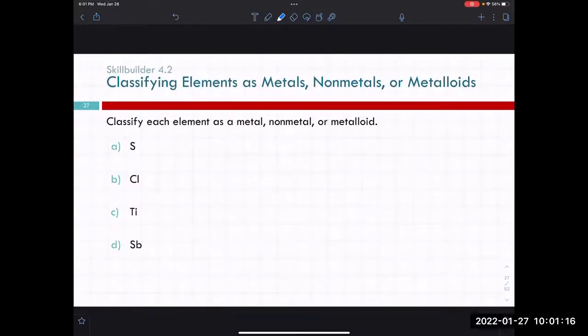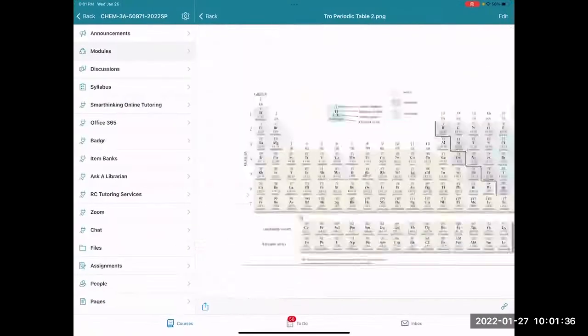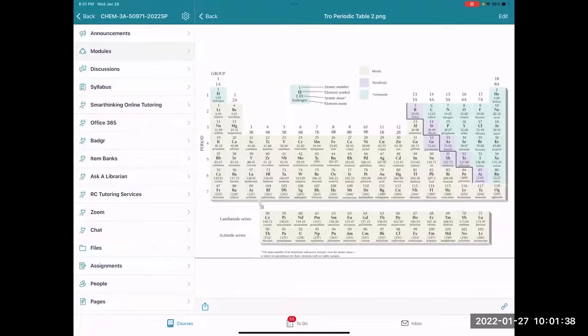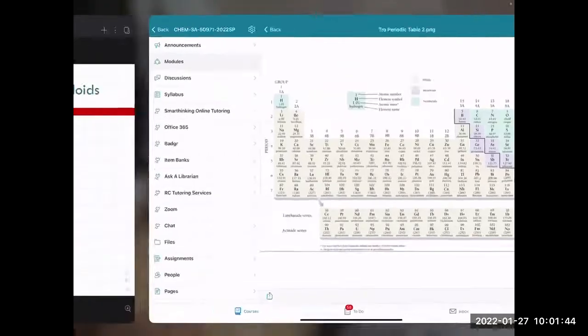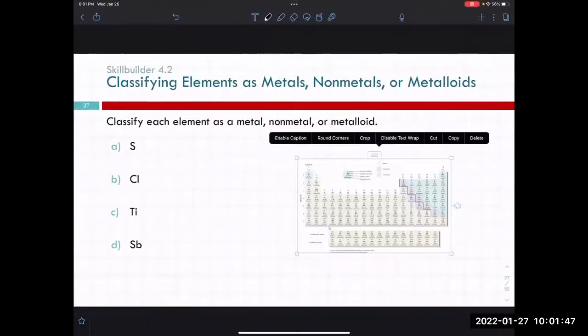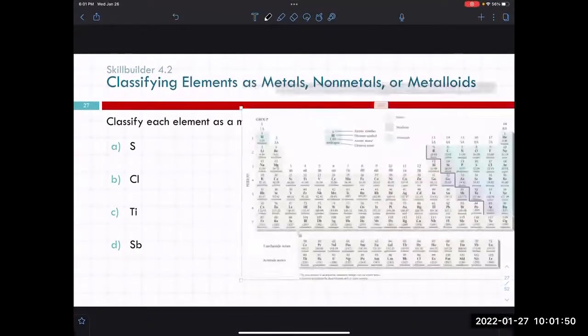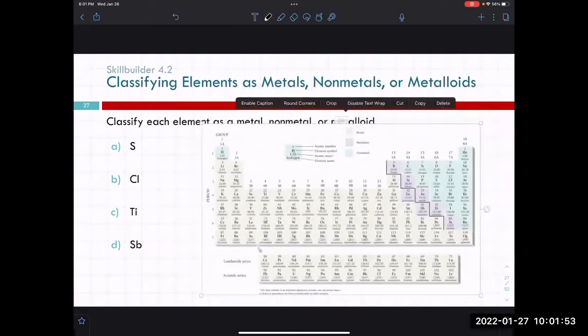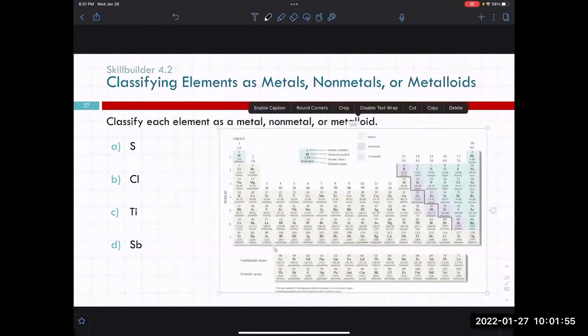Okay, so classify each of these as a nonmetal, metal, or metalloid. If you're playing your odds, go with metal, but you could also look at a periodic table if you have one. If you have your book, it's in there. But I'll pull the periodic table up again. So we got sulfur. Where is sulfur? Is that big enough to read it all?